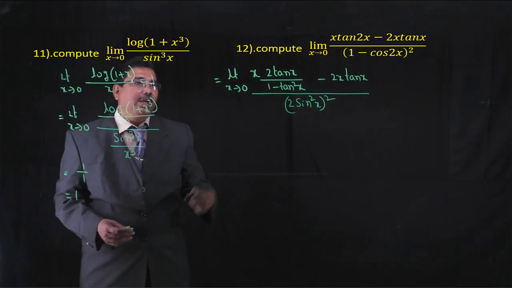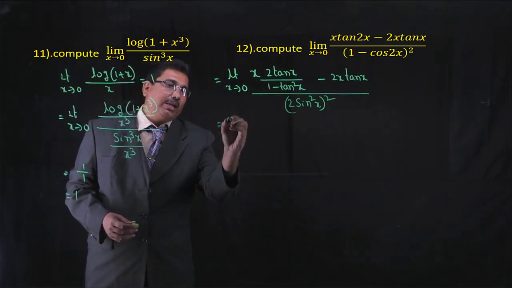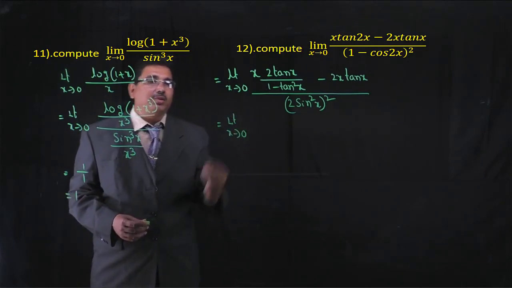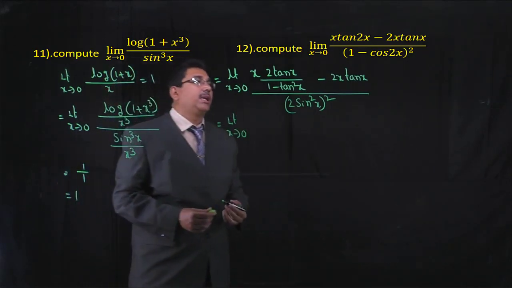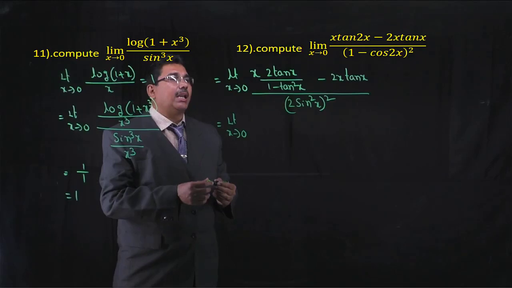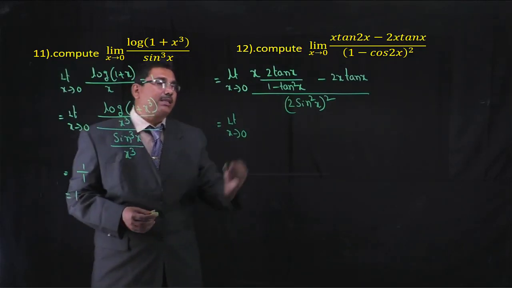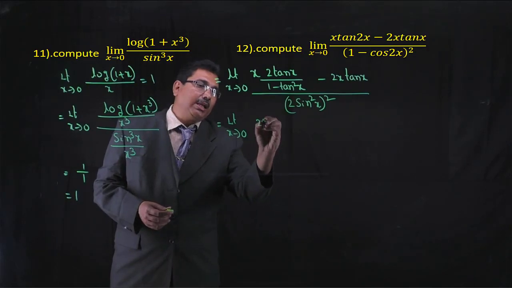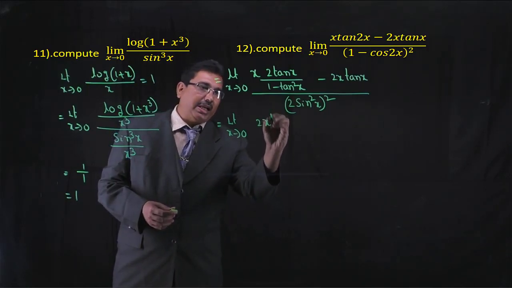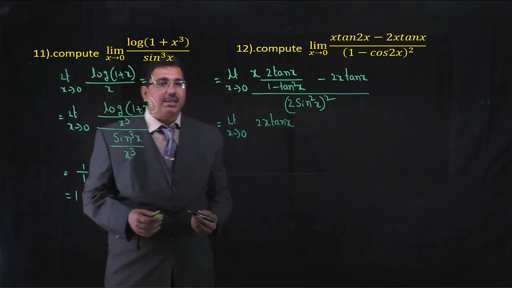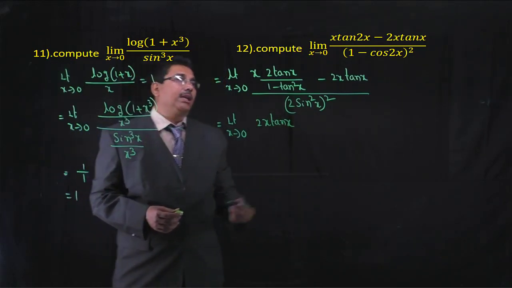That is equal to limit x tending to 0. See the numerator, 2x tan x is common. Take 2x into tan x as common in the numerator.